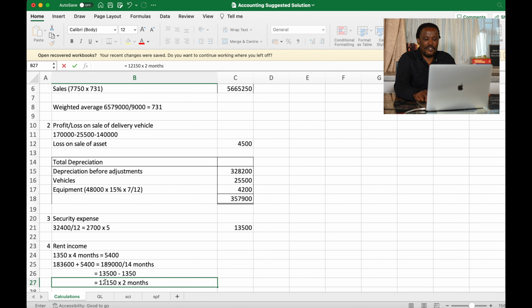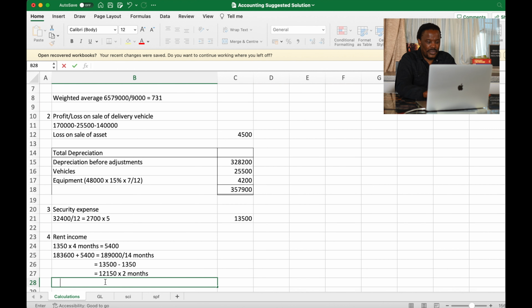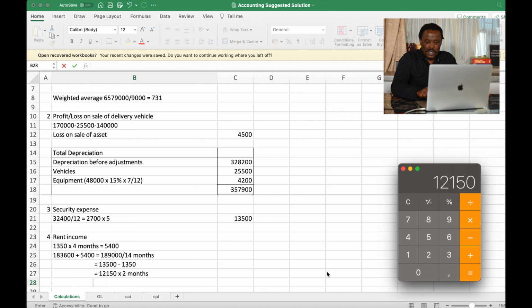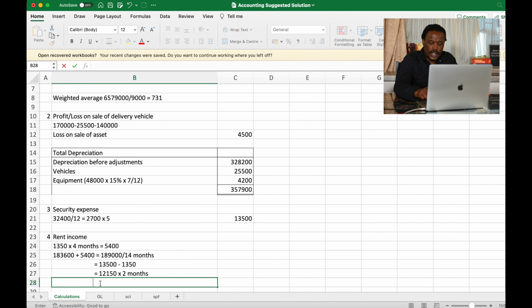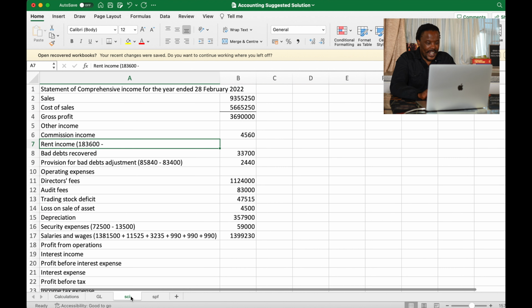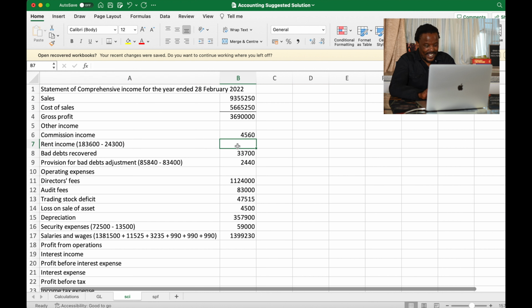Everything should be 12 months, and if that is the case, it equals times 2 months, 24,300. Now, in terms of that rent, we minus 24,300, which was income received in advance.